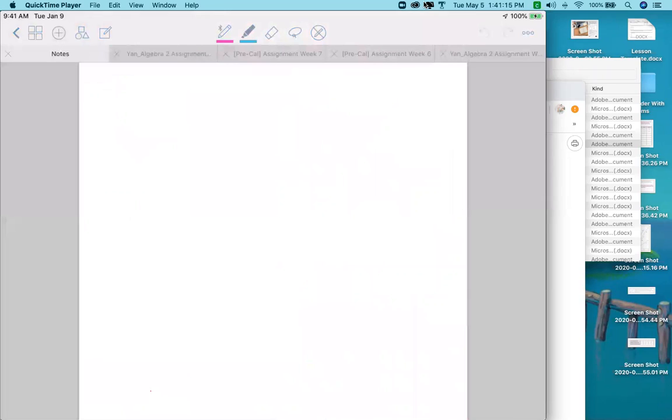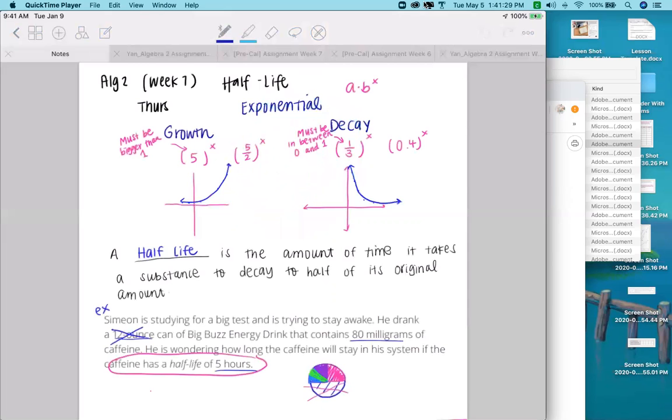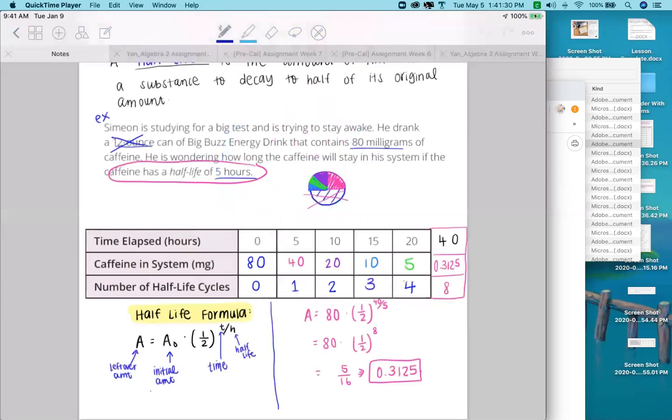Half-life is if you have originally a full circle, after a certain amount of time, they would tell you how much half-life is. Like in the question I have here, they would say after 5 hours, a half-life is performed.